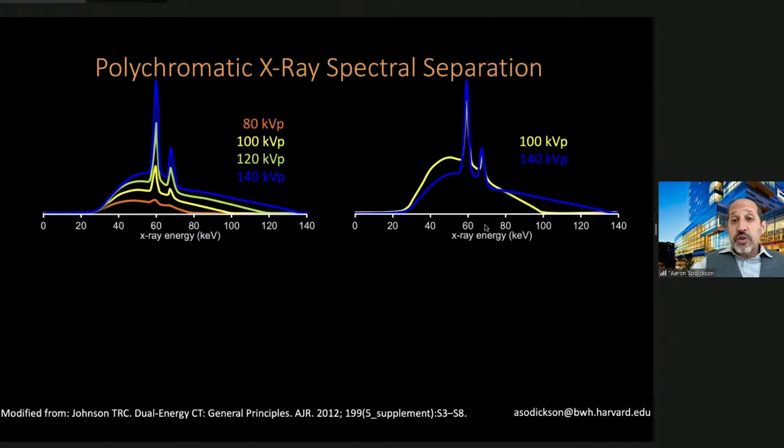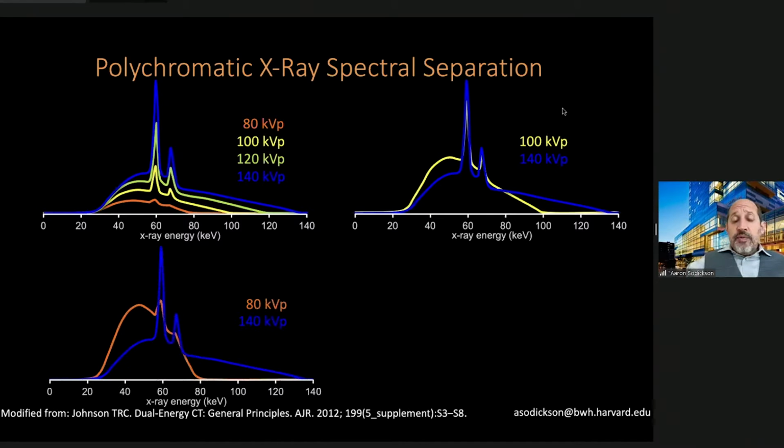This is not very good spectral separation. There's some. The mean energy of these spectra is a little bit different, but it's not great. So what do we often do in dual energy? We go to wider pairs, 80 kV, 140 kV. The problem is that 80 kV makes it hard to penetrate through large patients or dense body regions. And so that's one approach that is often used.